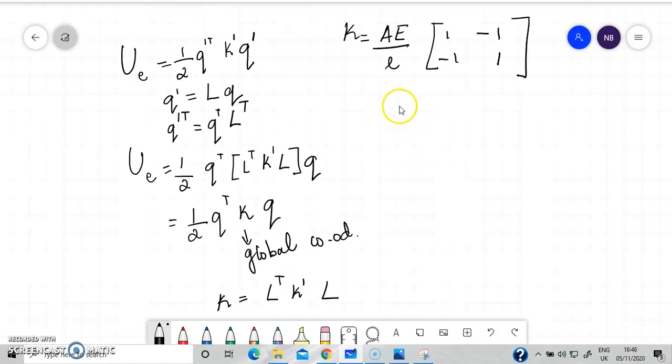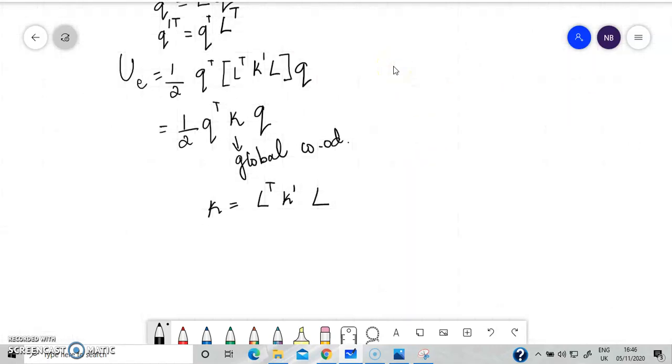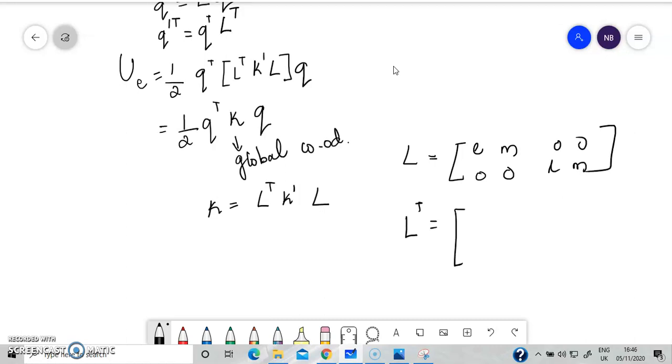Now substituting for L, we know that the L matrix was given by L M 0 0, 0 0 L M, and so for L transpose, we change rows into columns.